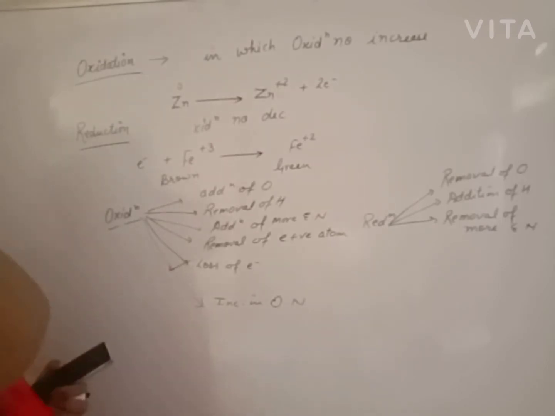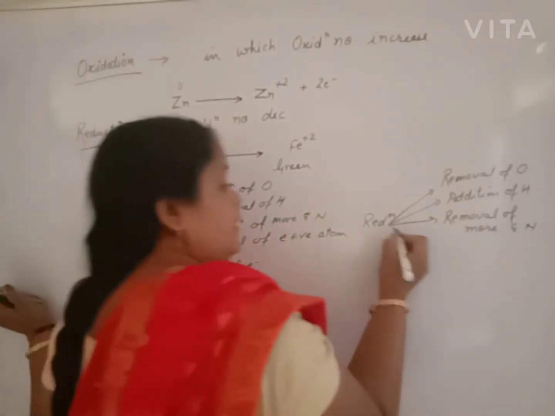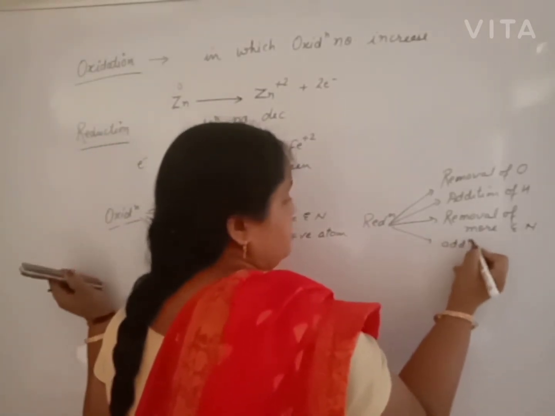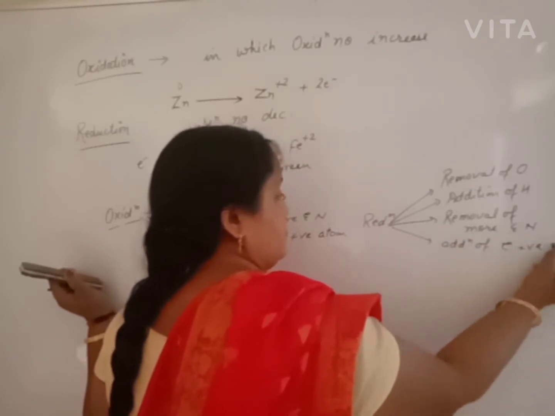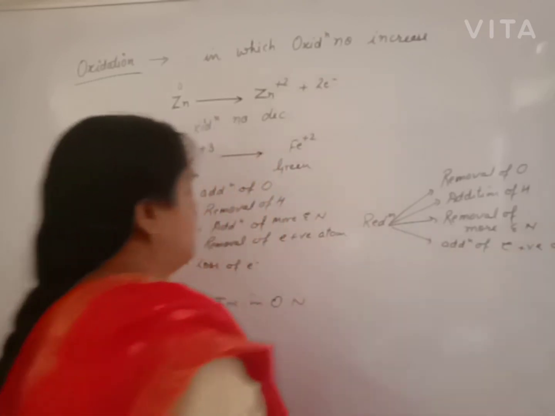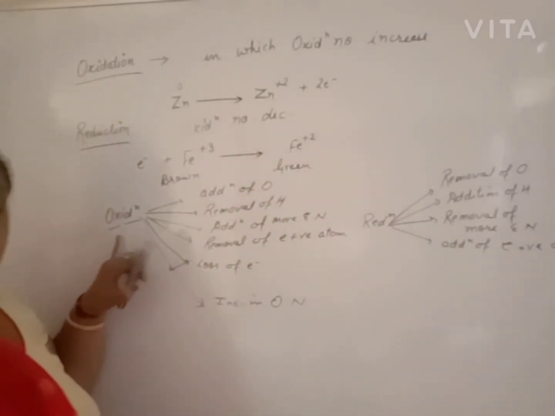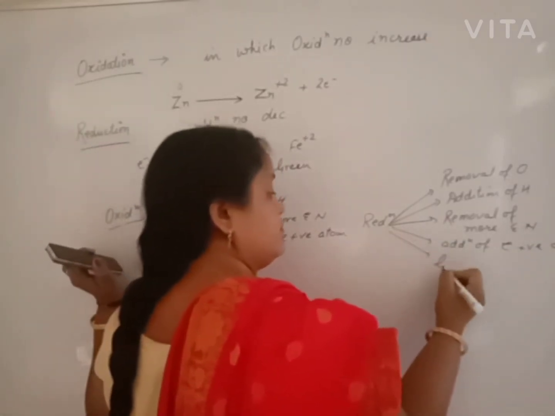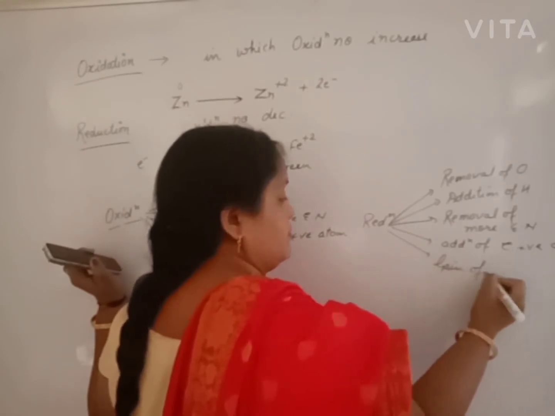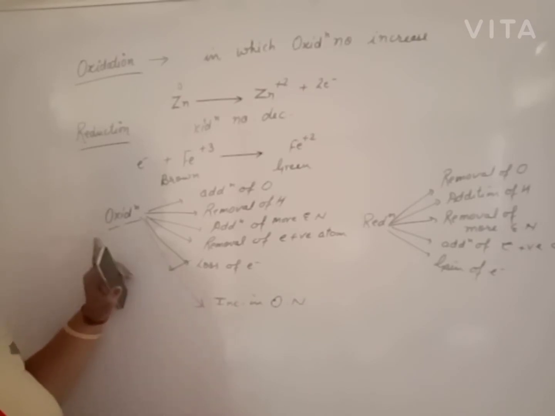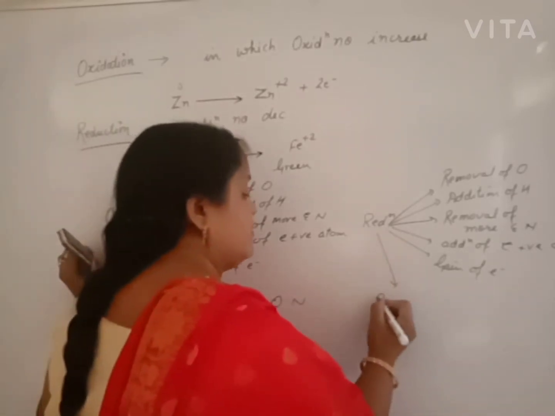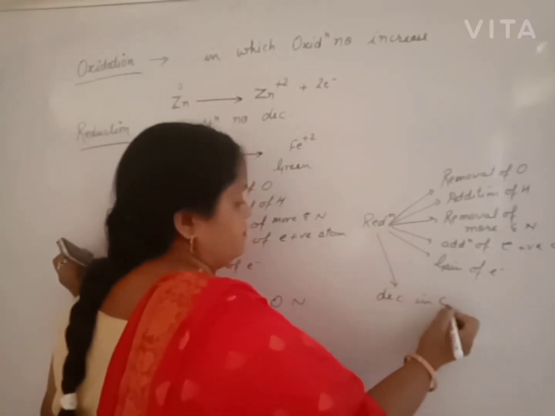Removal of an electropositive atom, oxidation. Addition of an electropositive atom, reduction. Loss of electrons, oxidation. Gain of electrons, reduction. Increase in oxidation number, oxidation. Decrease in oxidation number, reduction.